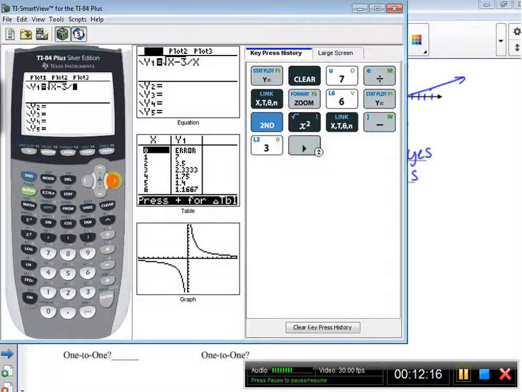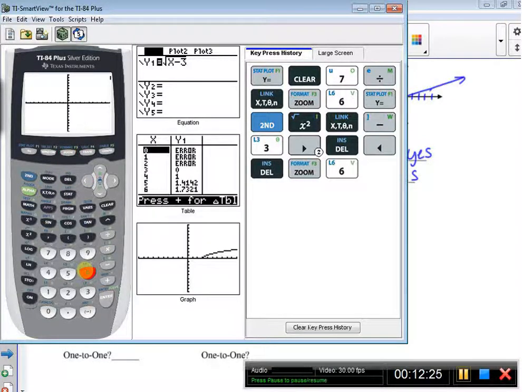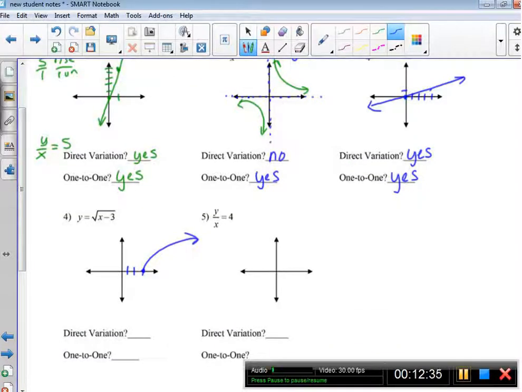And I need to delete and delete. There we go. And you can see the graph, and you can see that there's no points before x equals 3. They give you undefined. So it's not a direct variation. It's not linear. But it is one-to-one. It passes that horizontal line test.